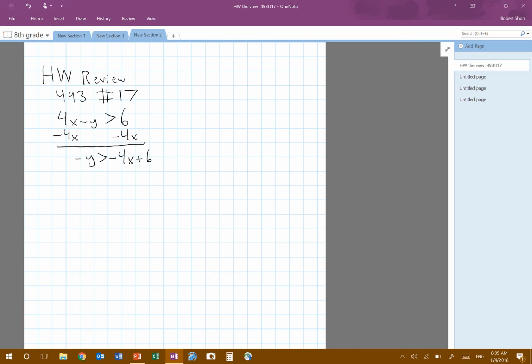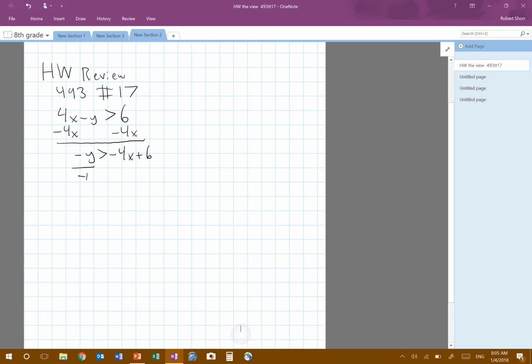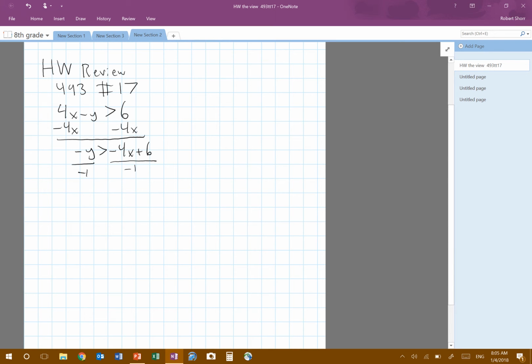Now, how do we get rid of this negative in front of the y? This is something that has definitely bothered us a lot this year. If you divide everything by negative 1, you will get rid of the negative in front of the y, because the negatives will cancel out, and then just y over 1 is y.